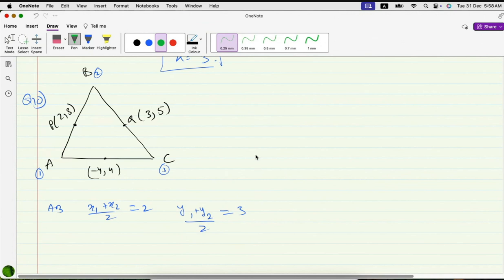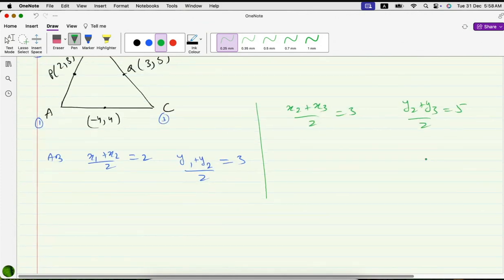Then for B, C, x2 plus x3 over 2 is equal to 3, and y2 plus y3 over 2 is equal to 5. And the third one, x1 plus x3 over 2 is equal to -4, y1 plus y3 over 2 is equal to 4.